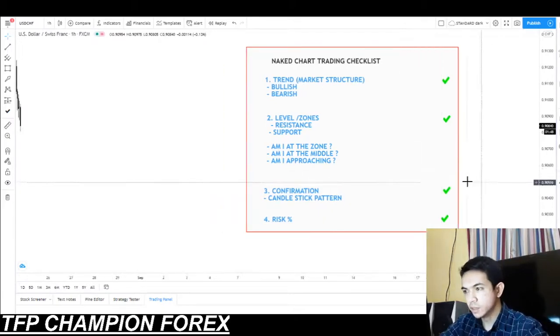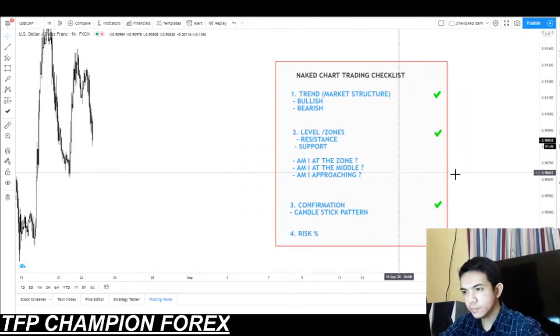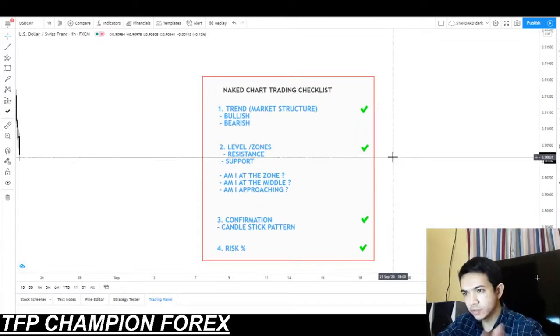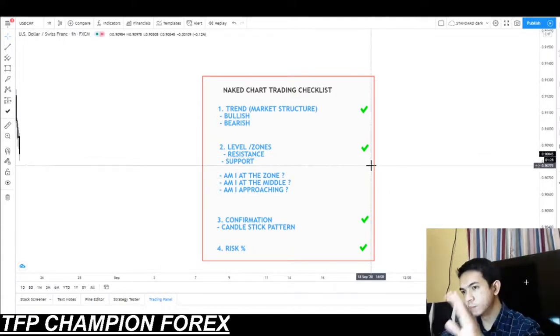Whenever I place a trade, I always ask myself, what is the trend or the market structure of the current market price? Is it bullish in manner or is it bearish? So that's the first question you should ask yourself. This is a very basic checklist.